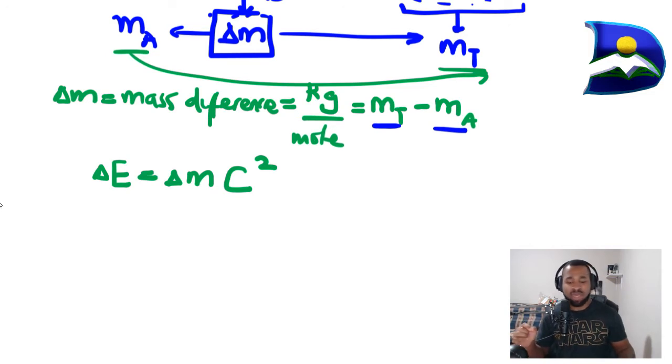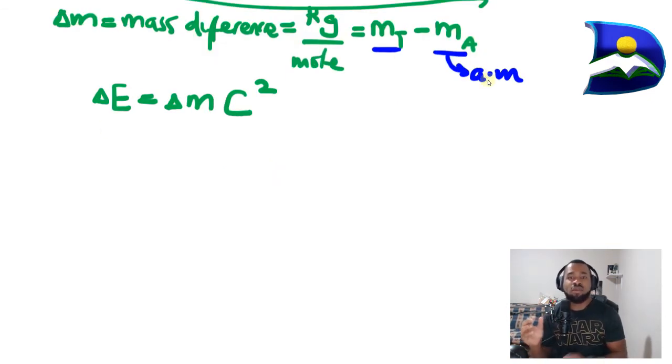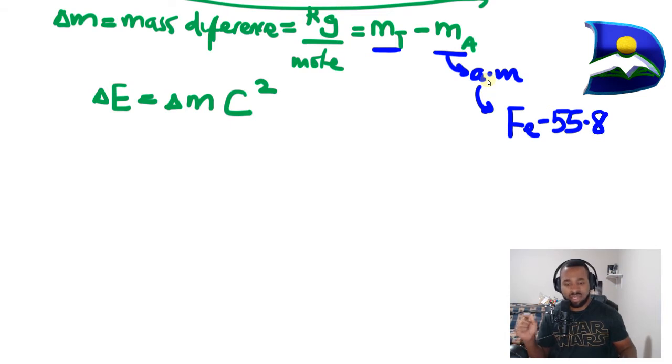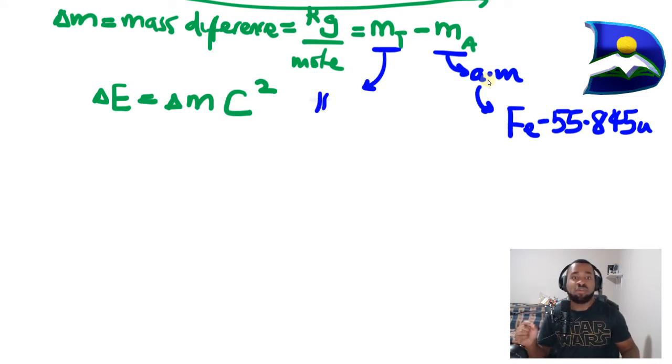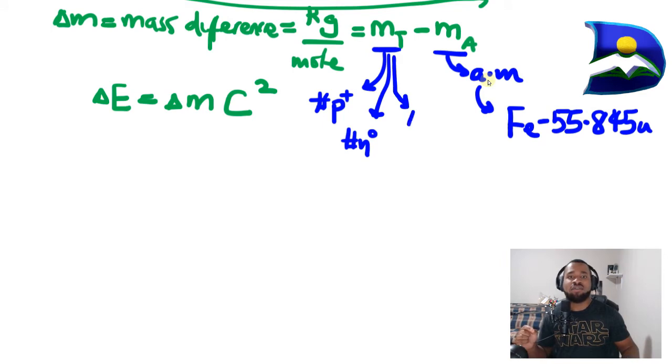So for our MA, we're going to mainly use in this case our atomic masses. In this part, we're going to use the one that we found on the periodic table, in this case iron, which is going to be 55.845 U. However, for our mass total, we're going to need the number of protons, mass, atomic mass unit, the number of neutrons, atomic mass unit, and that of the electrons.